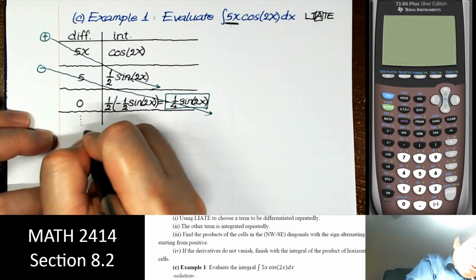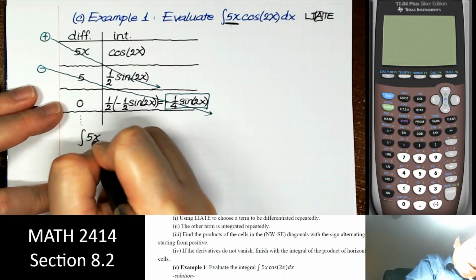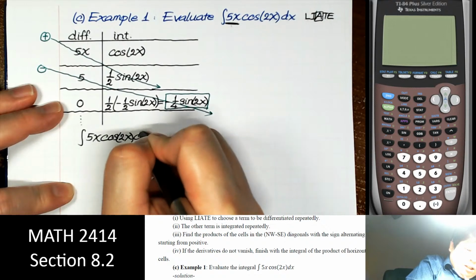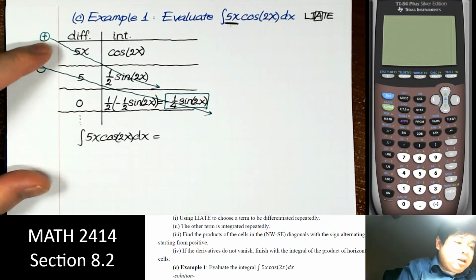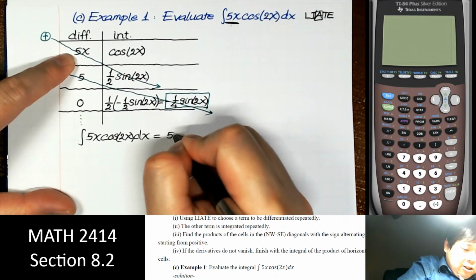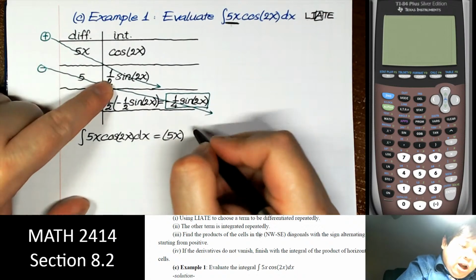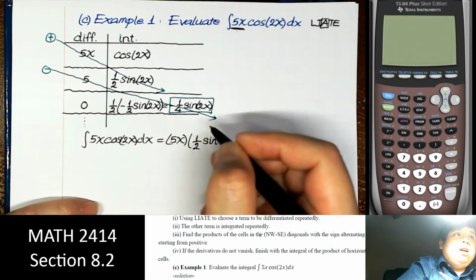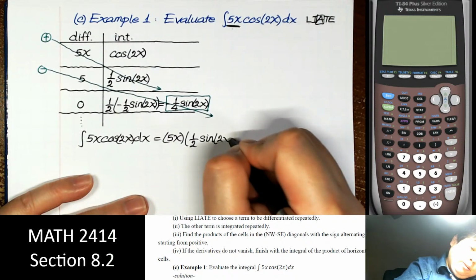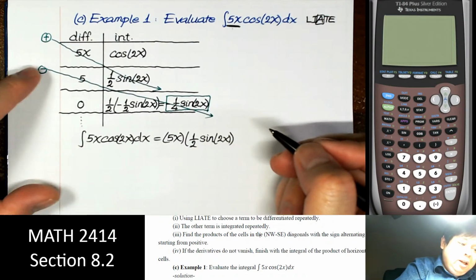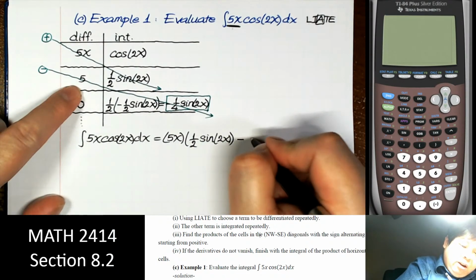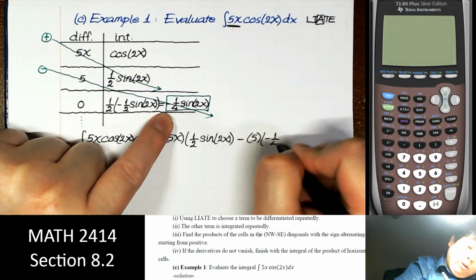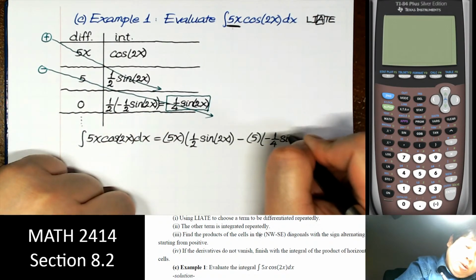We just write out the result. 5x cosine of 2x dx. Right. The first product, 5x times 1/2 sine of 2x. And then next, minus 5 times minus 1/4 sine of 2x.